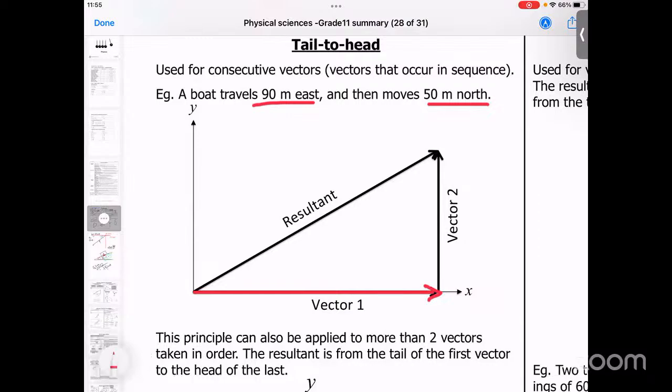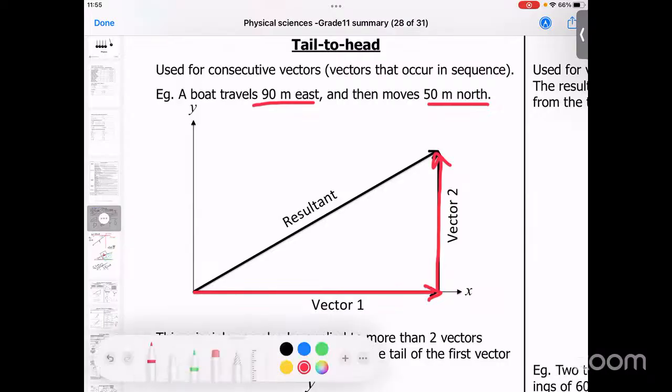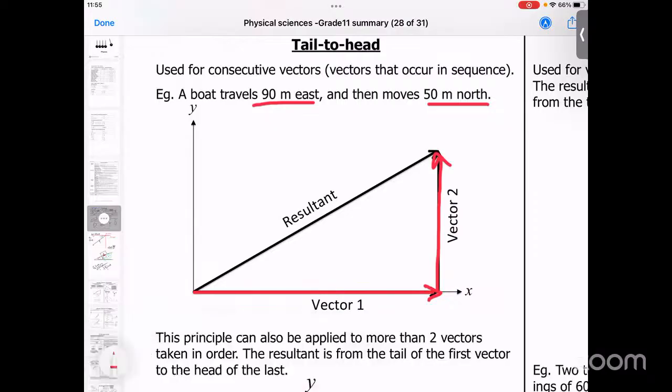After traveling 90 east, now it goes 50 north. Can you see? So in other words, if we are trying to find the resultant distance or the resultant displacement or something of that nature, it's like you watched the boat moving from this point, going to this point, and then from that point going to that point. You have watched it with your eyes doing that.